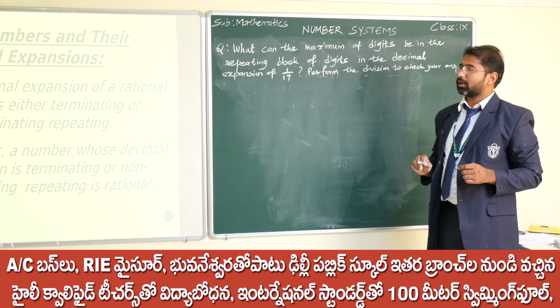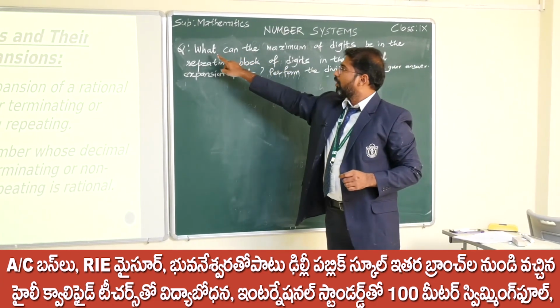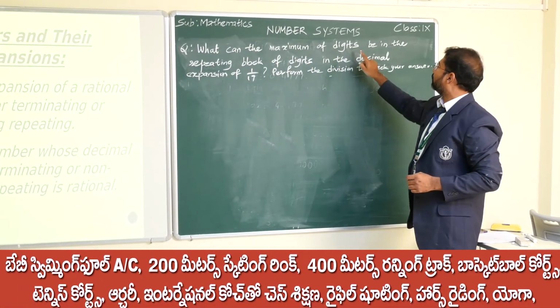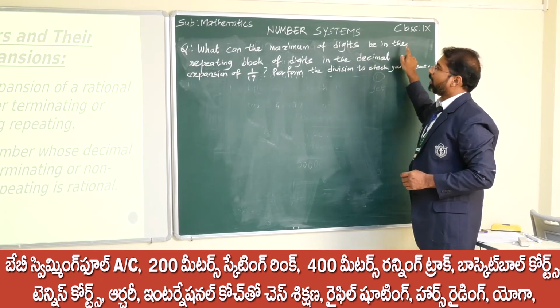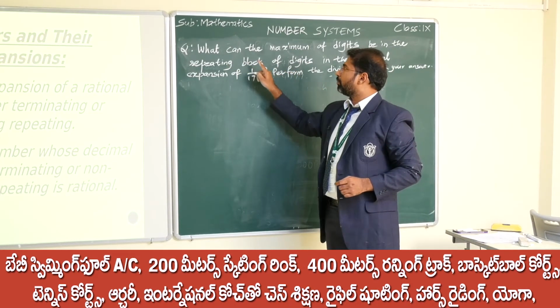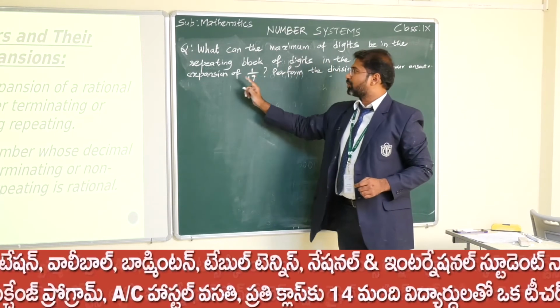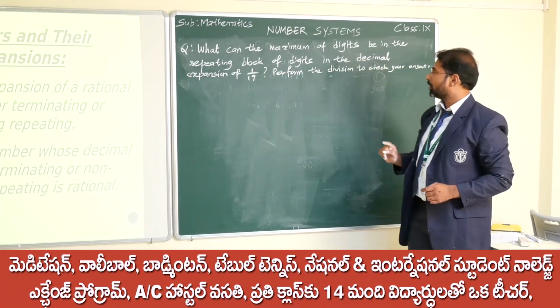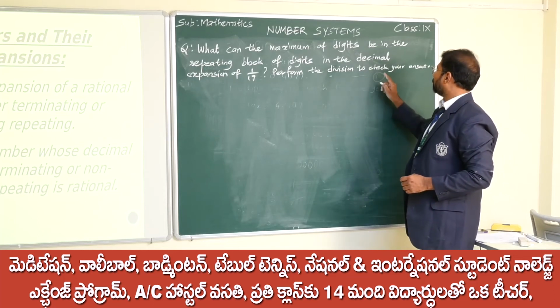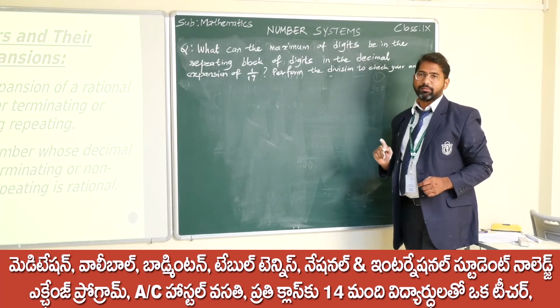First, let's read. What can the maximum number of digits be in the repeating block of digits in the decimal expansion of 1 by 17? Perform the division to check your answer.